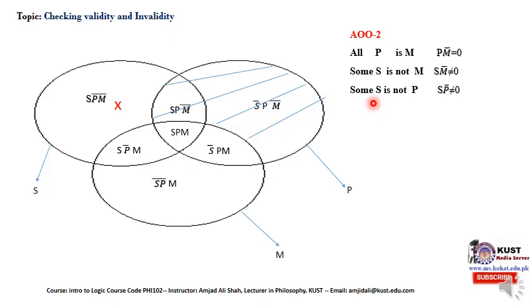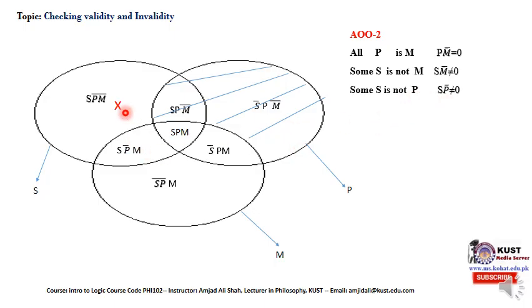So the conclusion says some S is not P. SP bar is not equal to 0, which means that there should be x in the clause of SP bar. Now we have SP bar and SP bar. Here we have an x, but our conclusion is a particular proposition, that is particular negative.